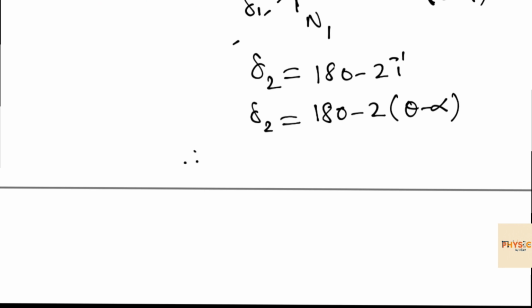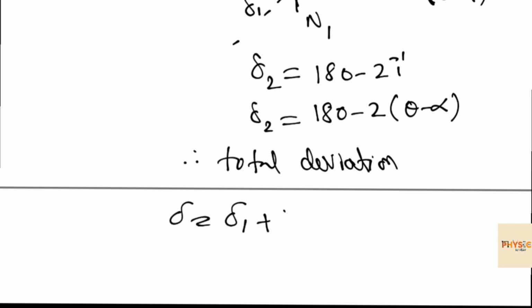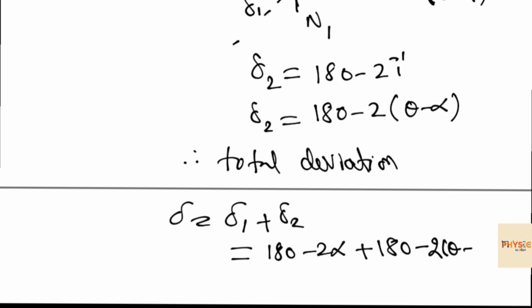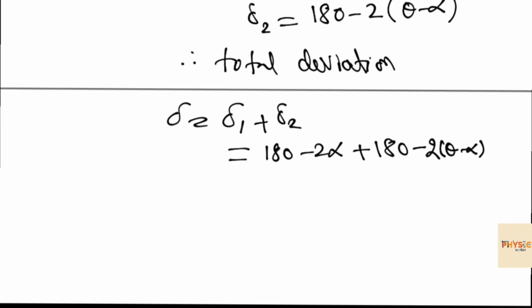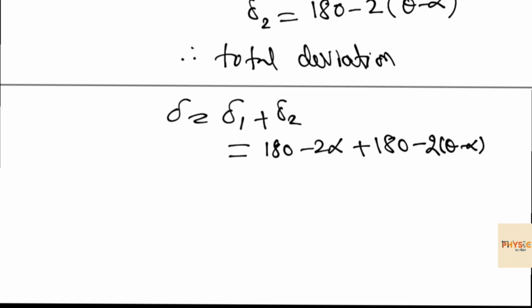Therefore the total deviation delta is equal to delta 1 plus delta 2. Delta 1 we got is 180 minus 2 alpha, and delta 2 is 180 minus 2 into theta minus alpha. This is the total deviation developed by these two plane mirrors.